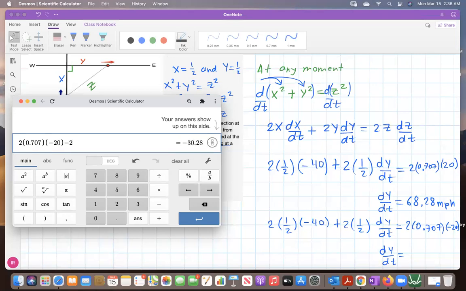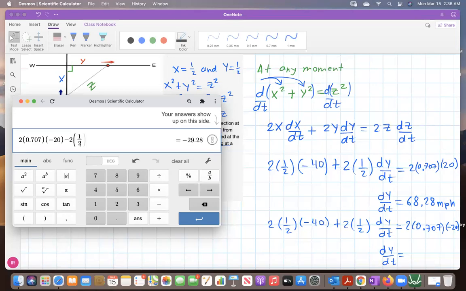Or if you prefer to use your scientific calculator, it's also okay, right? But the idea is that, again, we're trying to get this computation done independent of how easy or difficult the numbers involved are, right? So no matter what numbers you get, this should be computed first.